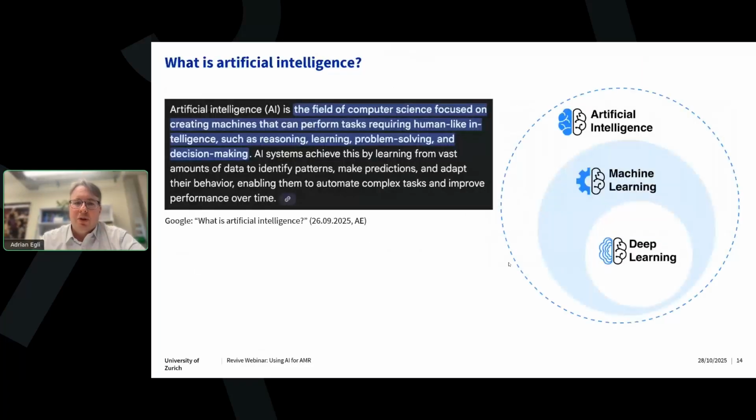So what is artificial intelligence? I will keep this very short. You very often see now on the internet these kind of onion-like structures, where artificial intelligence is obviously an extremely broad term. So basically a human-like intelligence which allows you reasoning, learning, problem solving, and decision making.